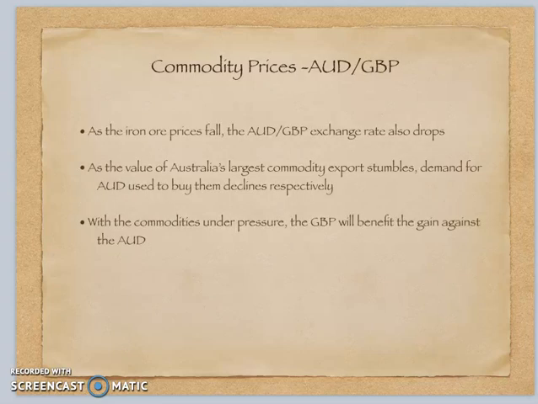As the iron ore price falls, the Australian dollar to British pound exchange rate also drops, because the value of Australia's largest commodity export stumbles and demand for Australian dollar declines. With the commodities under pressure, the British pound will benefit again against the Australian dollar.